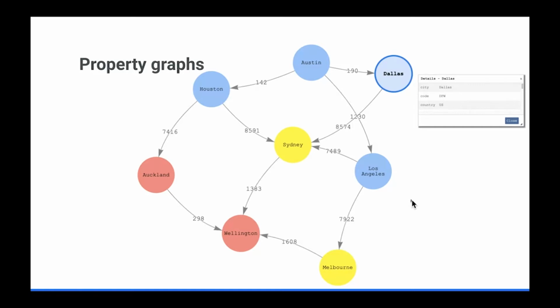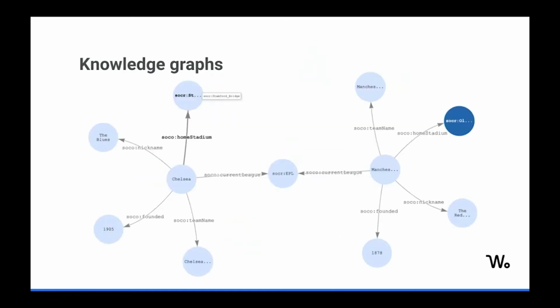The other type of graph, which is really less known, to put it mildly, is a knowledge graph. These are not meant to be traversed. They are, as the name hints at, meant to represent knowledge, which is a very abstract concept. In this little example, the knowledge is soccer.